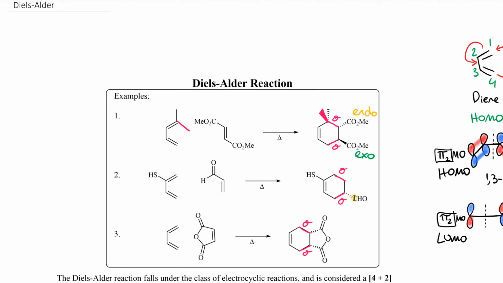Now why isn't the aldehyde being formed right here? In other words, why aren't we getting the 1,3 product? If we call this carbon 1, this 2, and this 3, why isn't the aldehyde being formed here? And instead, why is it being formed here, directly opposite of the electron donating group?